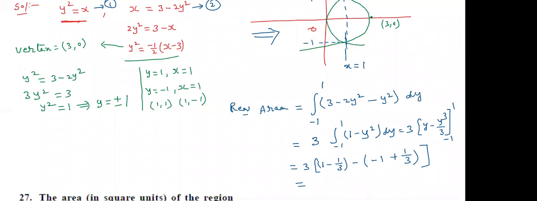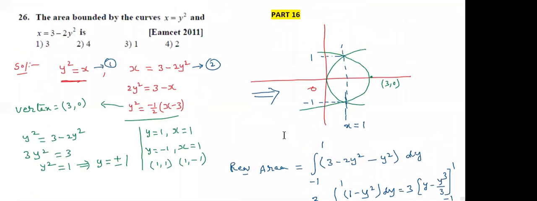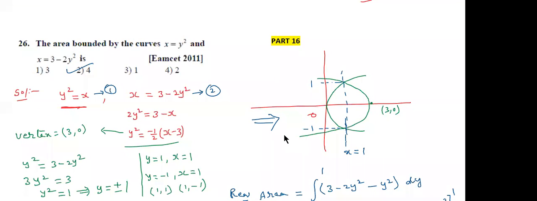What is the correct answer? 3 into, this is first one, 2 by 3, minus this is minus 2 by 3, minus to minus plus 2 by 3. Is that correct? Now finally, what is the answer, students? 4. LCM is 3, 3 is going to cancel. Answer is 4 square units. So the correct answer is the second option. So this is the total required area.